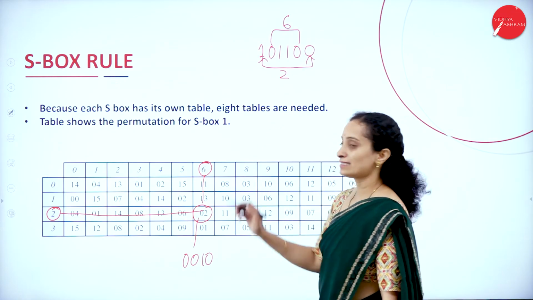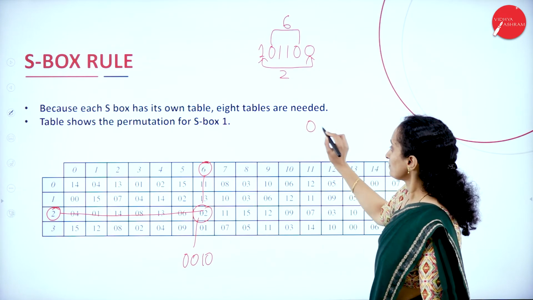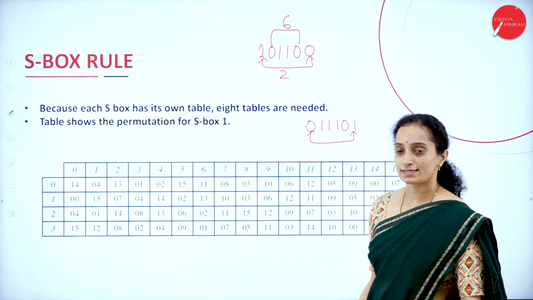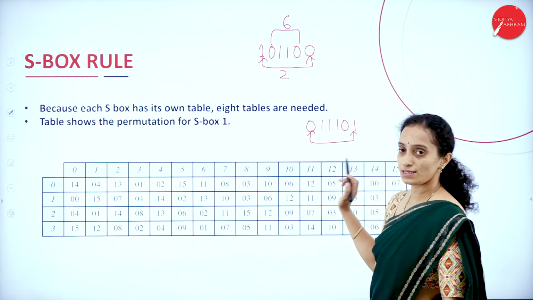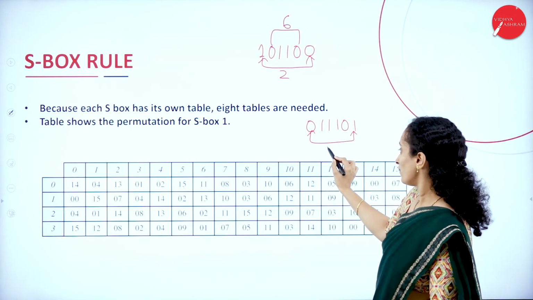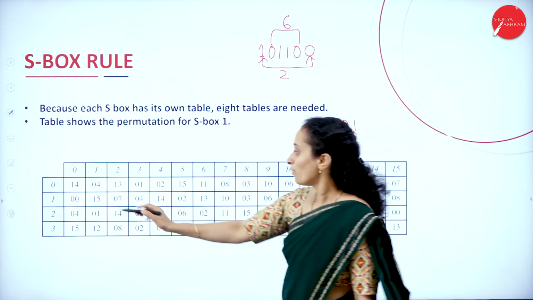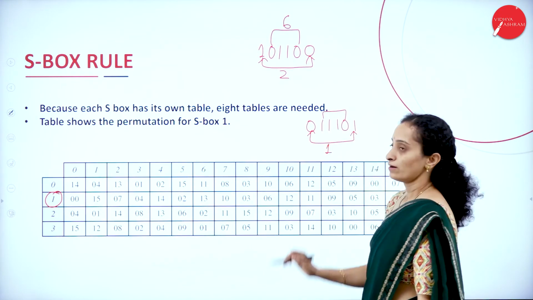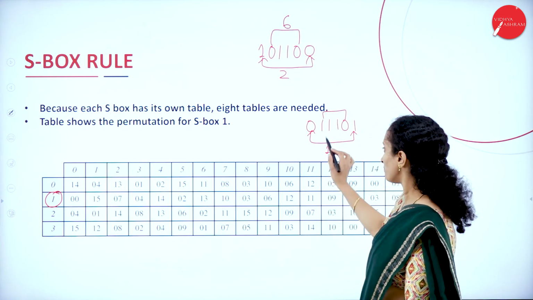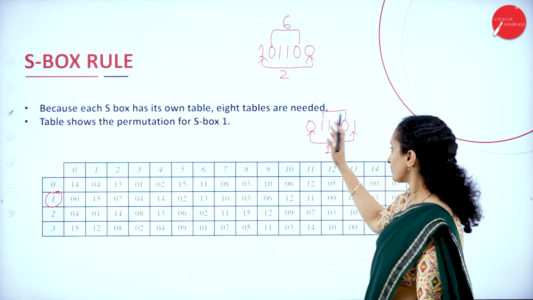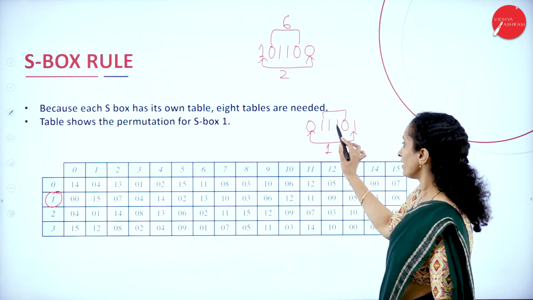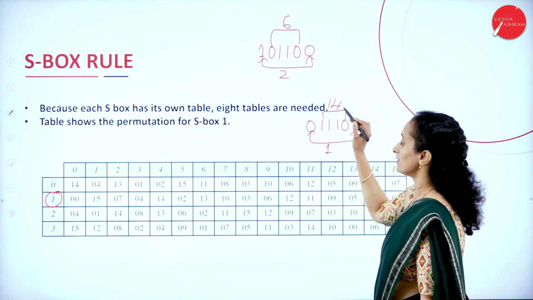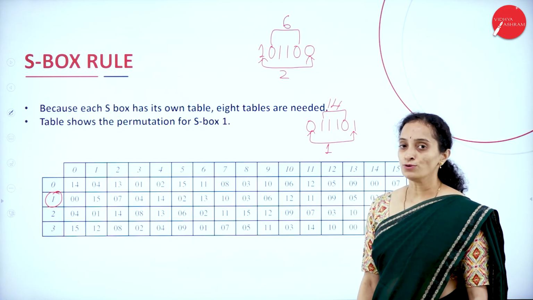Next, let's take another example, 0, 1, 1, 1, 0, 1. When you check this, 0, 1 represents the decimal value 1 for the row. Now we have the intermediate 4 bits from 2nd to 5th, that is 1, 1, 1, 0, which represents the decimal value 14.